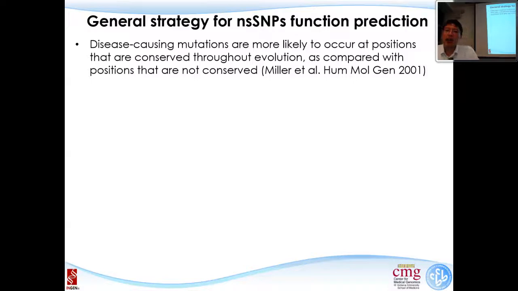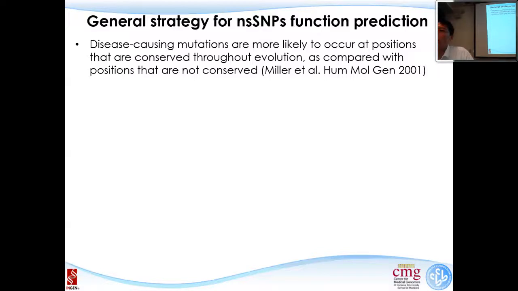So what are the general strategies for predicting the functions of non-synonymous SNPs? Some people will say, okay, look at the non-synonymous SNPs. If you change the amino acid sequence, it's got to be important. Well, not necessarily true. Some amino acid sequence changes will not cause a huge impact on the protein function, so they may not be very important.